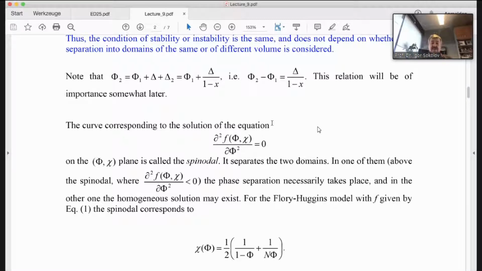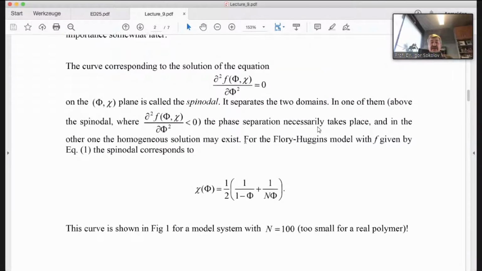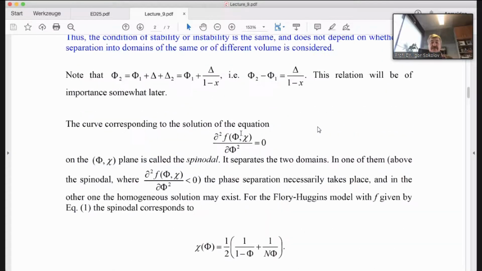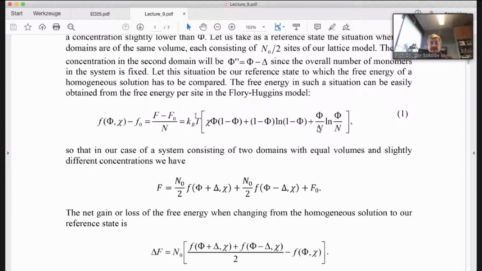It starts when I cross with my chi from low values to high values. Now I can calculate this second derivative from the Flory-Huggins. So I calculate here the first derivative and then the second derivative.